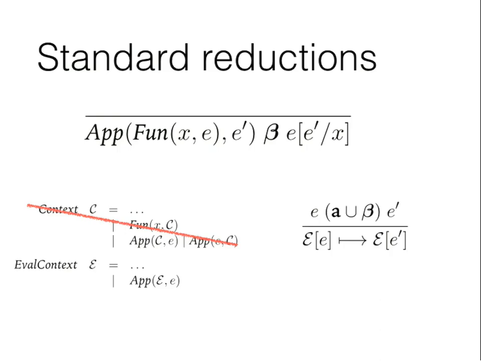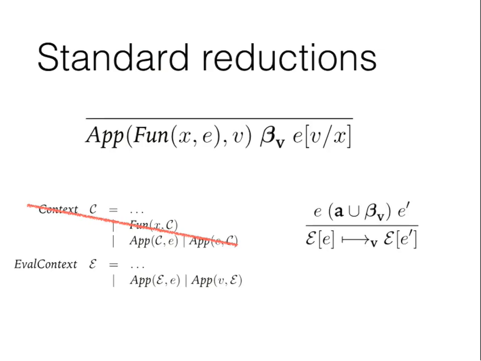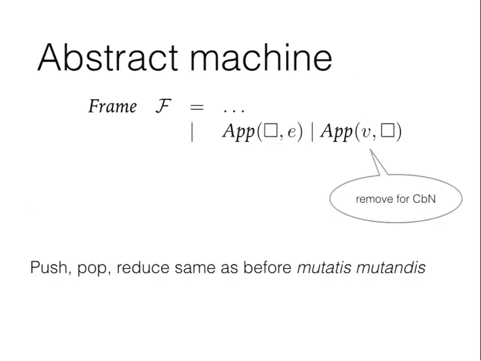In particular, you don't allow reduction inside of function bodies. In the call by name case, and this is the call by value case where you want to enforce that the left sub-expression in an application is evaluated before you evaluate the right sub-expression. The abstract machine here is going to be just like before.